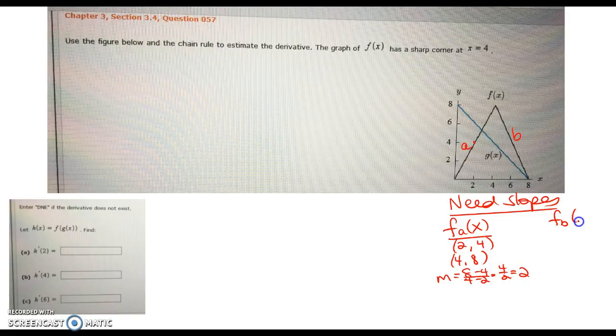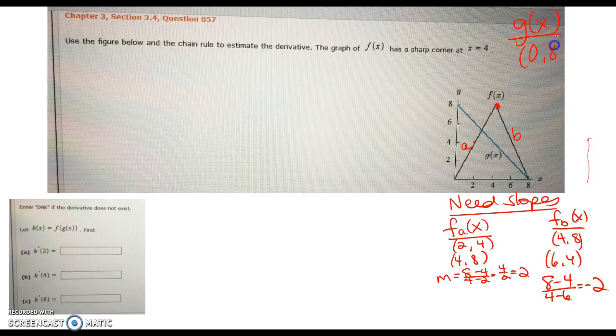Let's look at the other half and pick 2 points. Well, (4, 8) is this point right here, isn't it? And then I'm picking (6, 4). Calculate the slope there: 8 minus 4 over 4 minus 6. That'll be negative 2. And then for g of x, I'll pick point (0, 8) right there, and (2, 6).